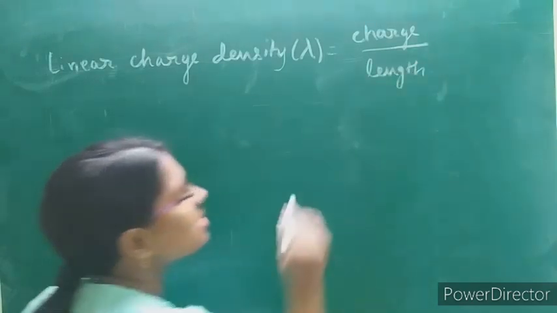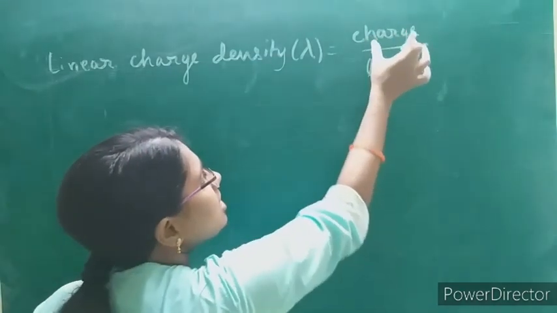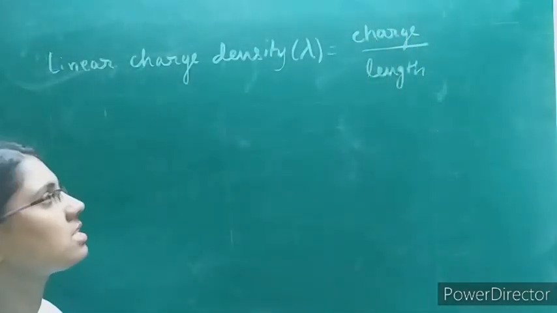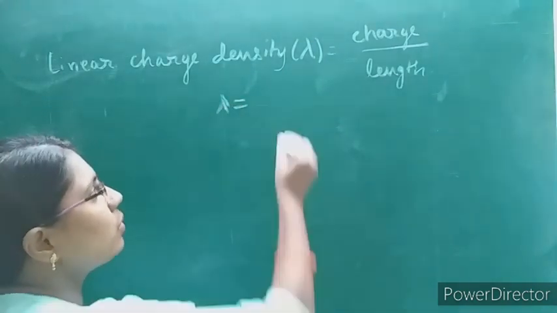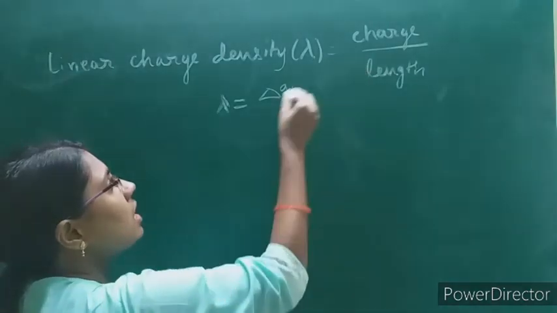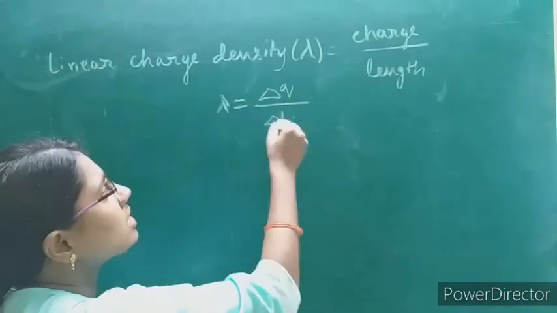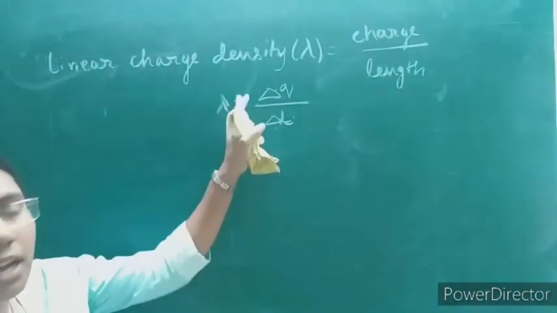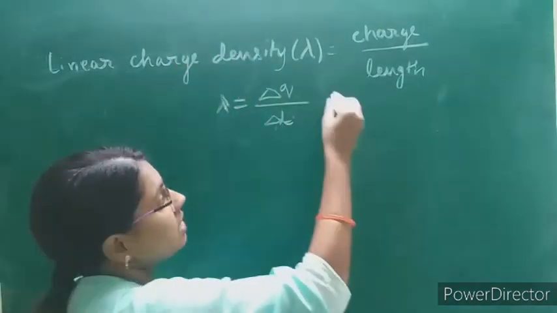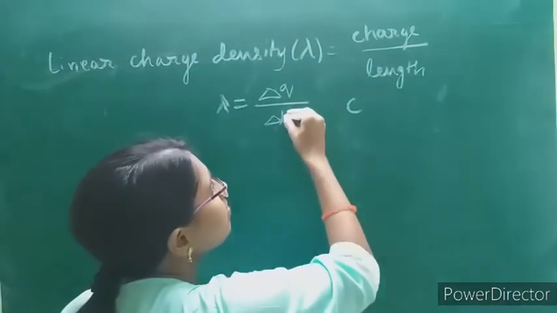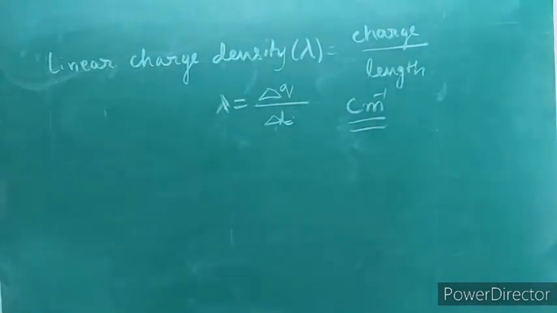Okay, linear charge density is defined as the amount of charge acting per unit length, or charge per unit length is called linear charge density, and it is given by the expression lambda is equal to delta Q divided by delta L. Okay, this is the expression for the linear charge density, delta Q by delta L. And the SI unit of this linear charge density is, see, the unit of charge is coulomb, the unit of length is meter. So coulomb per meter. This is the linear charge density.